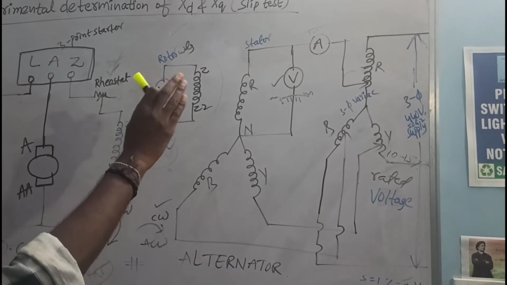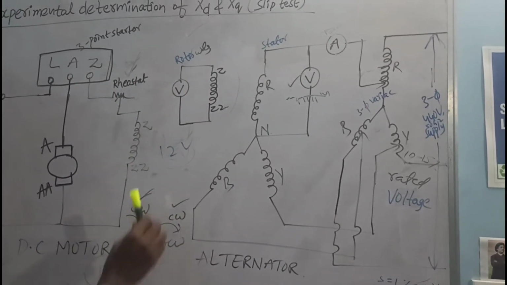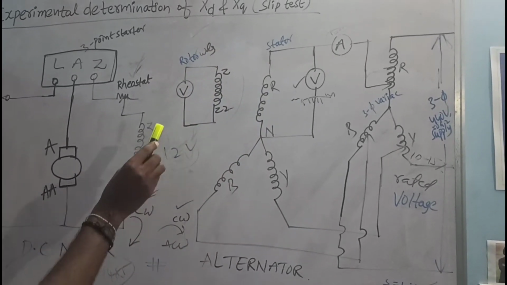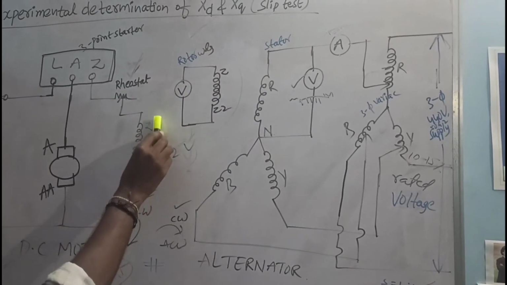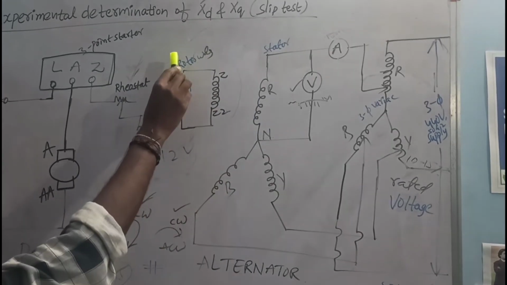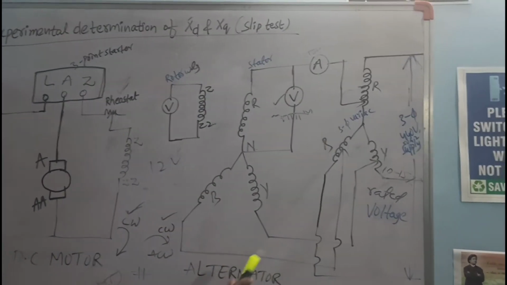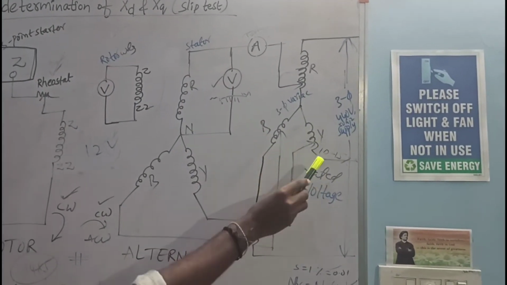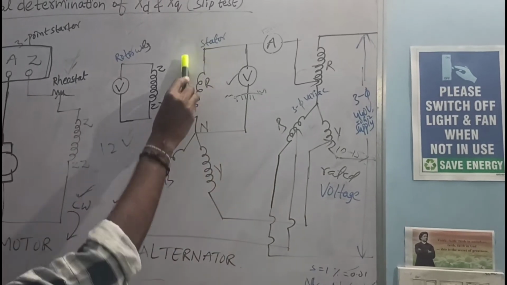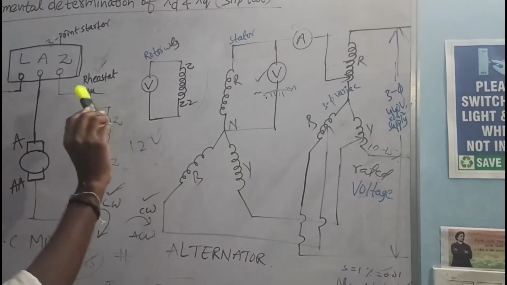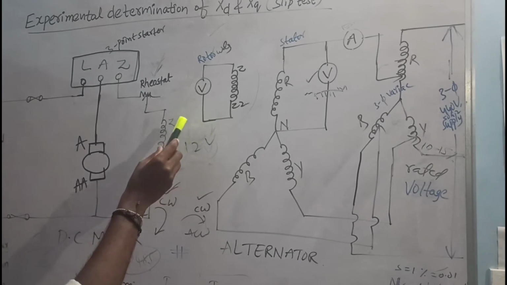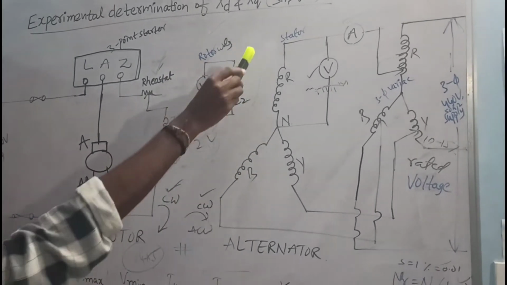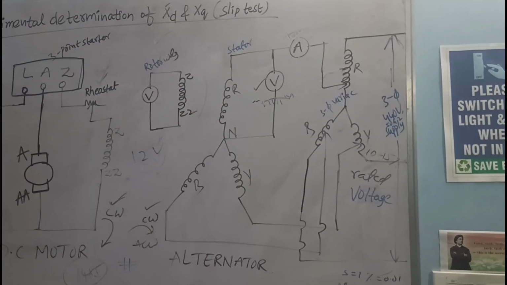But in the slip test or two reaction theory, we are not exciting the rotor winding with any DC source. We just apply an AC source, a reduced voltage, to the stator winding, and then a small EMF is induced in the rotor winding. That is the main concept of this slip test.